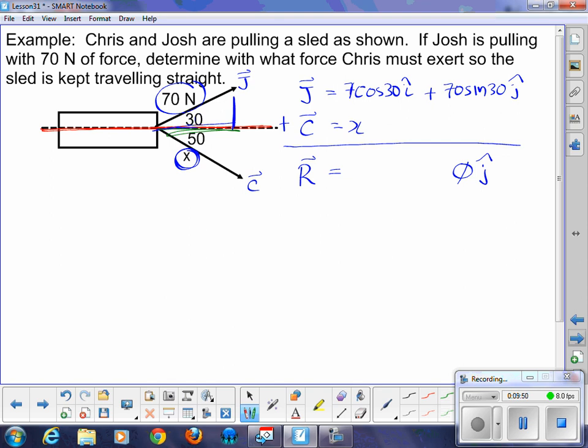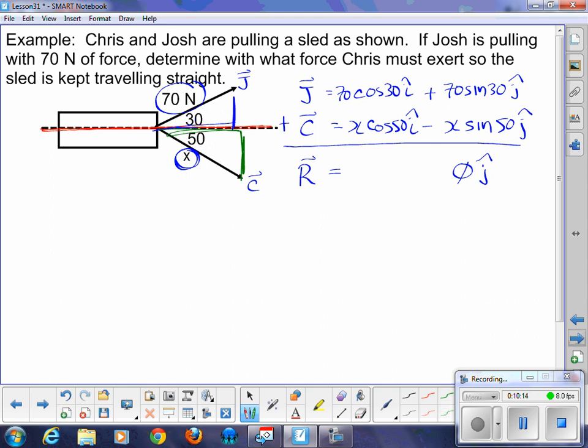People are saying that I didn't put the 70 in. You're right. 70 cos 30, x cos 50 i. Now, I shouldn't put the plus in. Now he's pulling downward here, so it'll be a negative. So minus x sine 50 j.